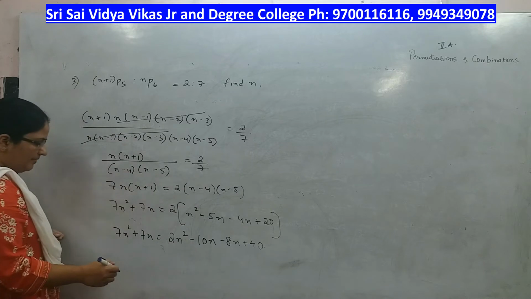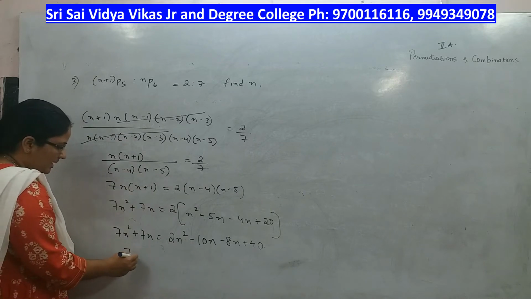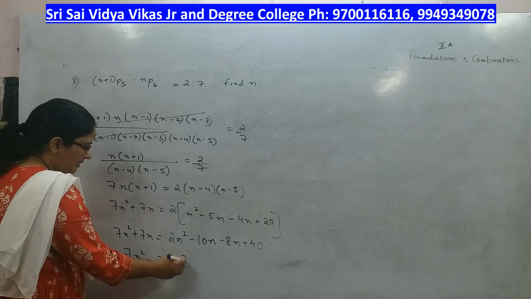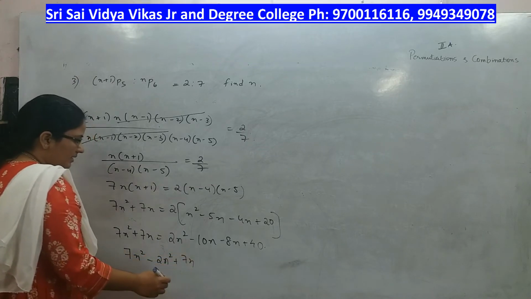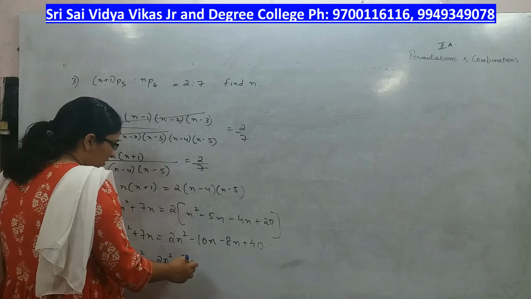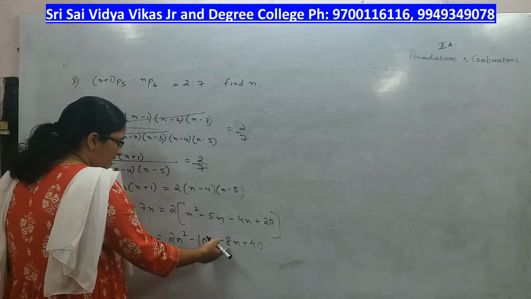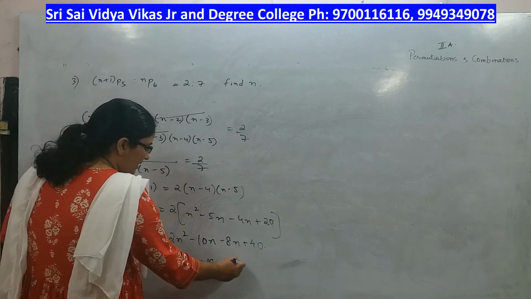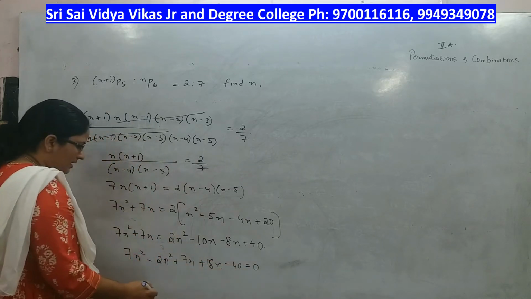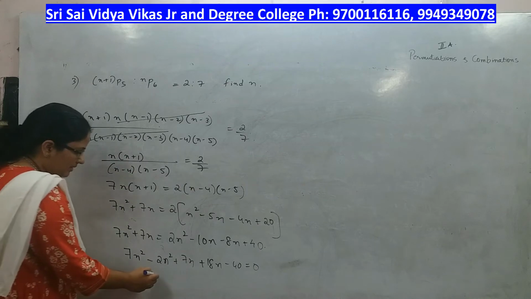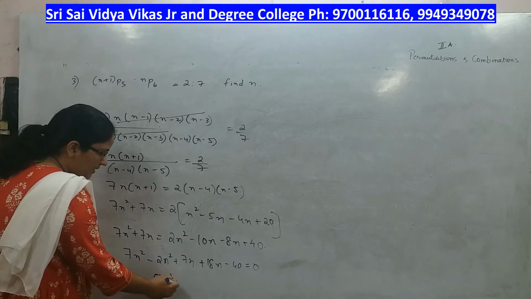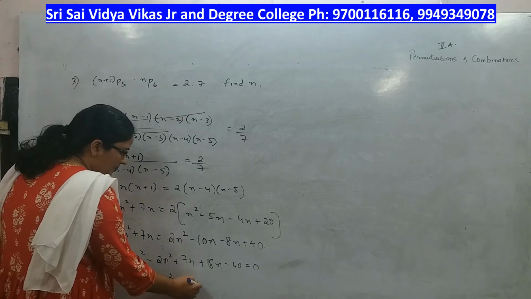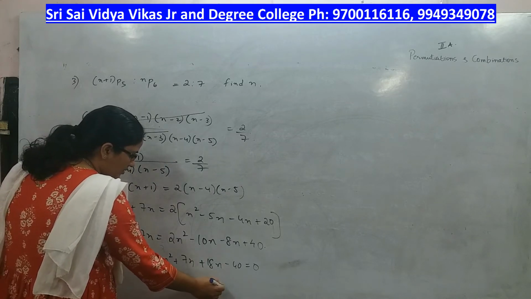So here you have 7n square minus 2n square plus 7n, this is minus 18n. If it comes here, it will become plus 18n minus 40 is equal to 0. 7n minus 2n, 5n square plus 18 plus 7, 25n minus 40 is equal to 0.